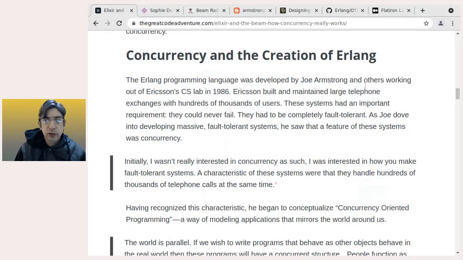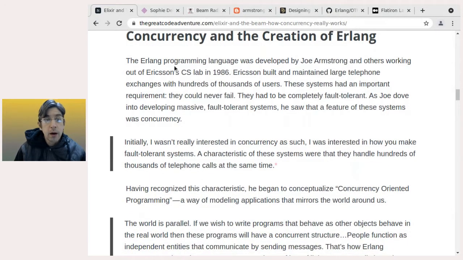Concurrency in the creation of Erlang. The Erlang programming language was developed by Joe Armstrong and others, Robert Virding and Mike Williams, working out of Ericsson's computer science lab in 1986, and a few years before. Ericsson built and maintained large telephone exchanges with hundreds of thousands of users.